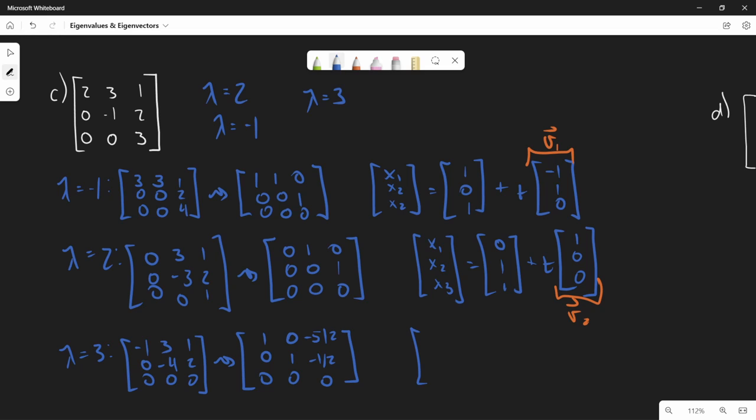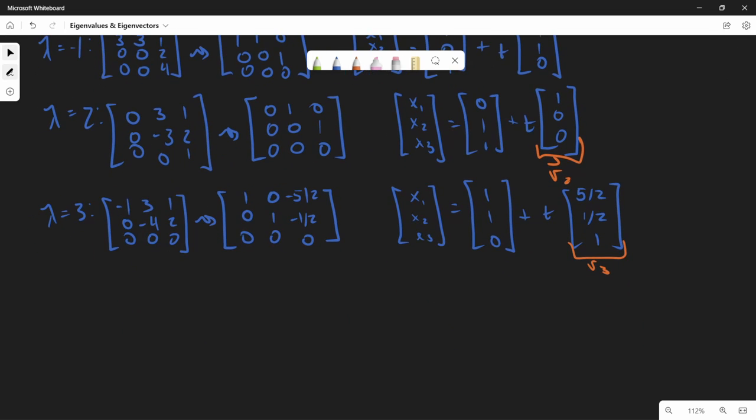And so our solution simply becomes 1, 1, 0 plus t times 5 halves, 1 half, 1. This becomes our third eigenvector. If you recall, we can multiply this, so we're just going to multiply everything by 2 to get rid of the halves. This would just be 5, 1, 2.